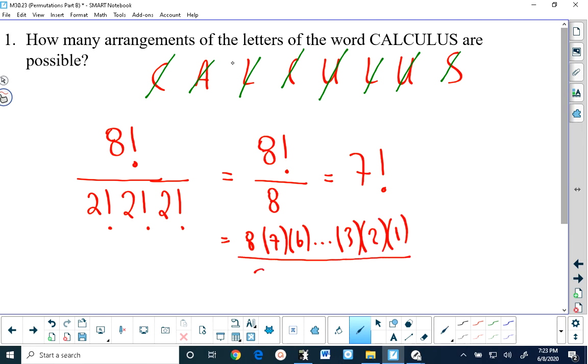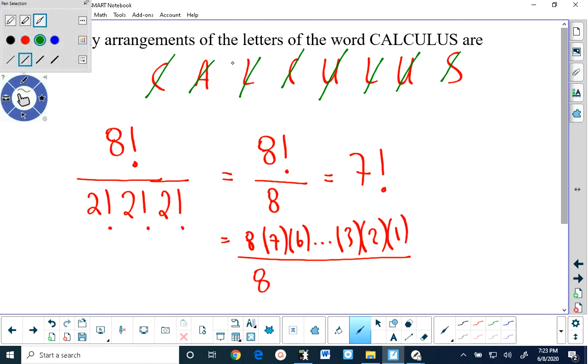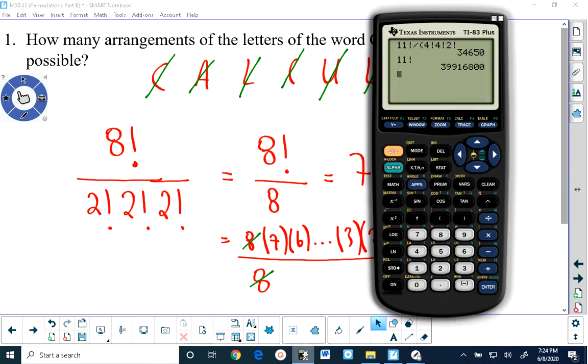The bottom is an 8. So the 8's cancel, and you're left with 7 times 6 times 5 times 4 times 3 times 2 times 1. You don't have to write your answer as 7 factorial. It was just an interesting observation.